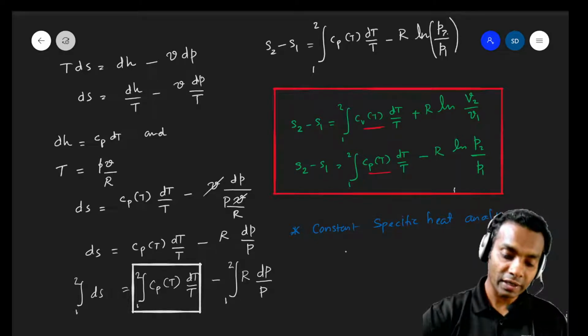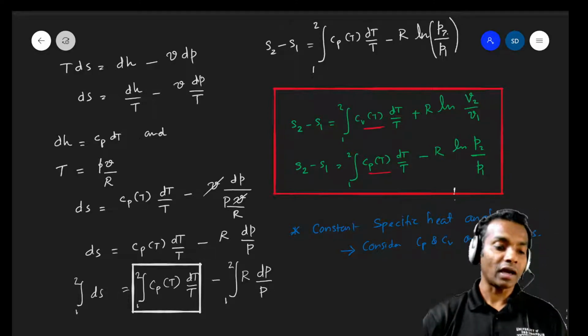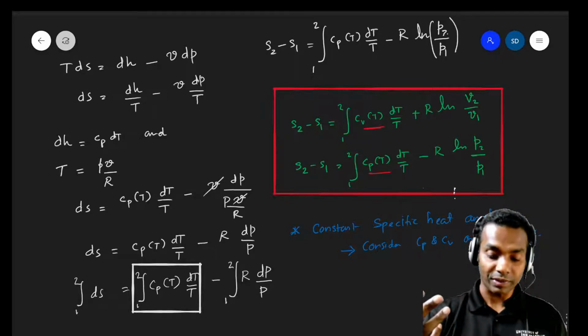In this case, we consider cp and cv are constant, at room temperature, at a given temperature, or at average temperature.